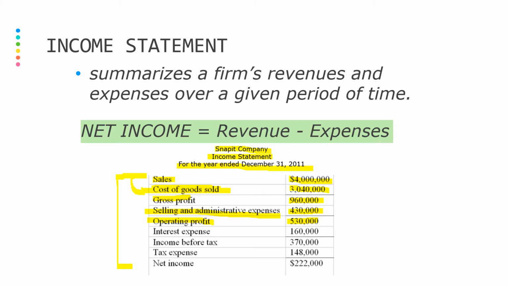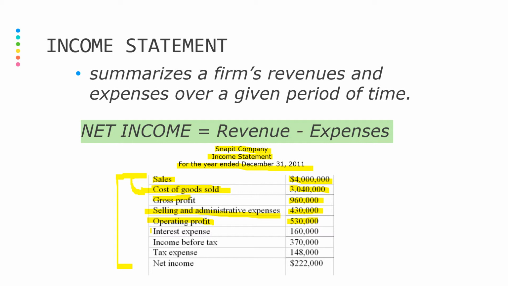So by getting the EBIT or the operating profit, we can assess if the company is gaining or if the company is losing from its product or from, shall we say, the services that the company is offering.